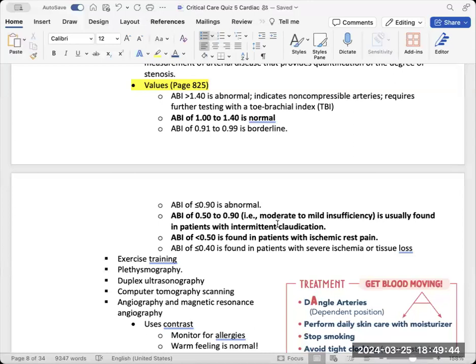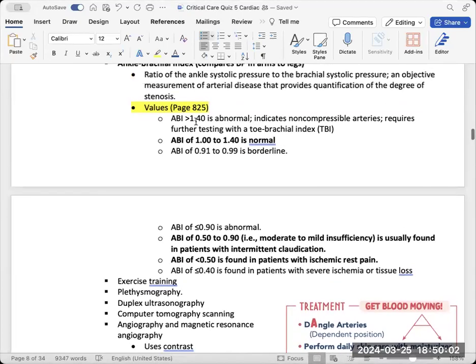That's mild to moderate insufficiency, which you see in someone who has intermittent claudication. And if they have an ankle brachial index of less than 0.5, it's going to be found in someone who has severe ischemia, which is what we call rest pain, right?